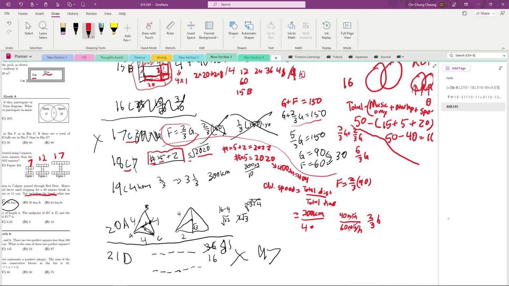Because minutes divided by the minutes per hour you get back the hours, right? Anyways, minus 2/3.